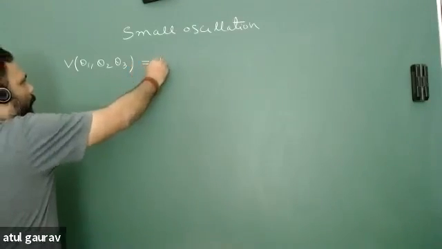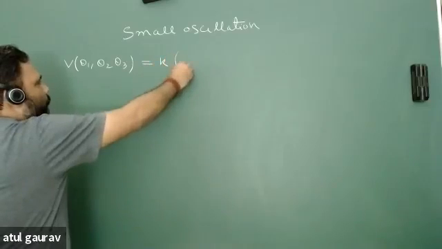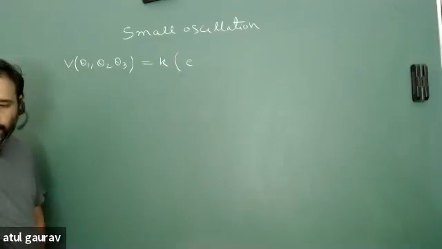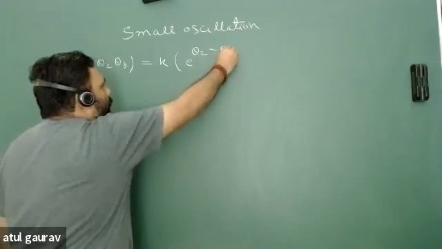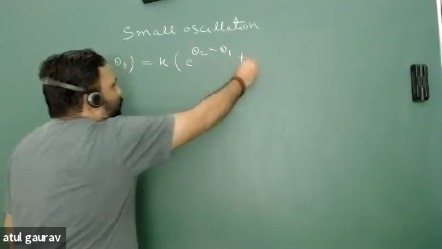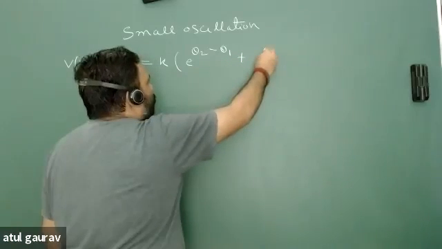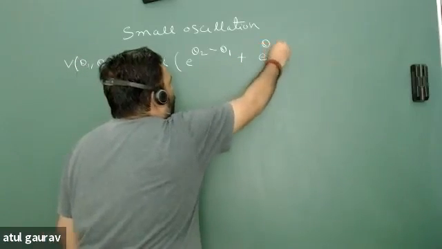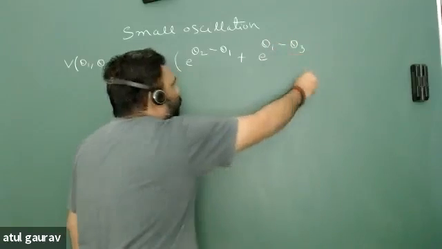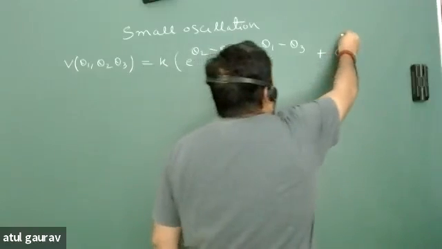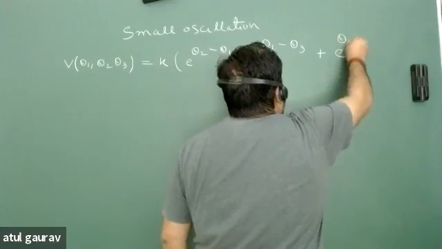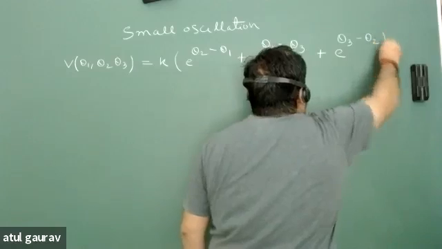This potential has some K times e to the power theta 2 minus theta 1, plus e to the power theta 1 minus theta 3, plus e to the power theta 3 minus theta 2.